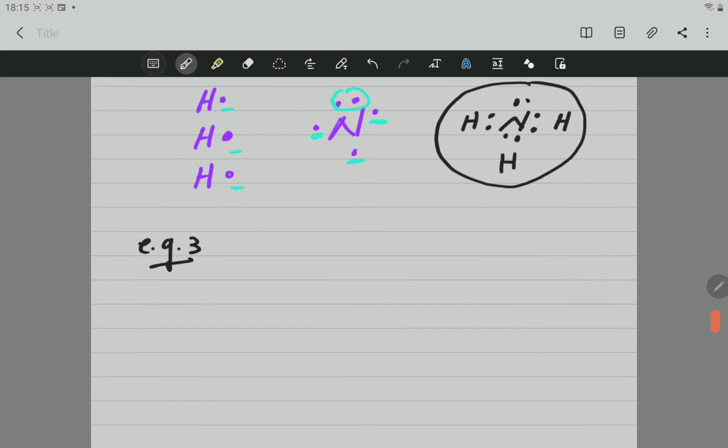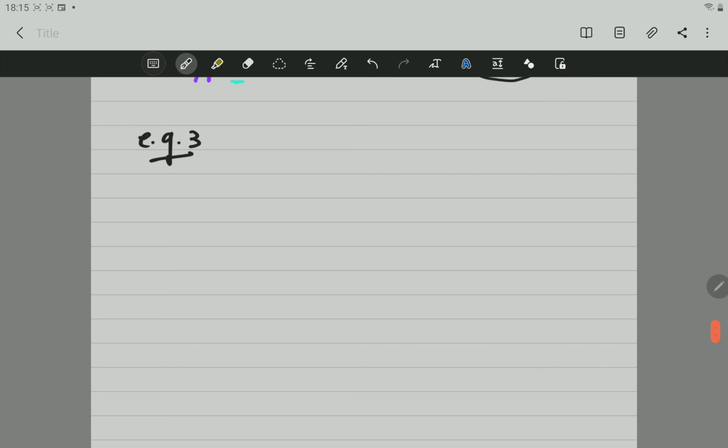For example, methanol. Methanol is CH3OH.